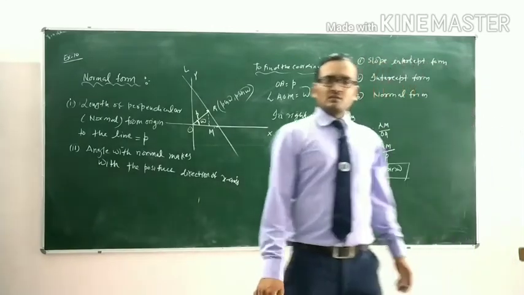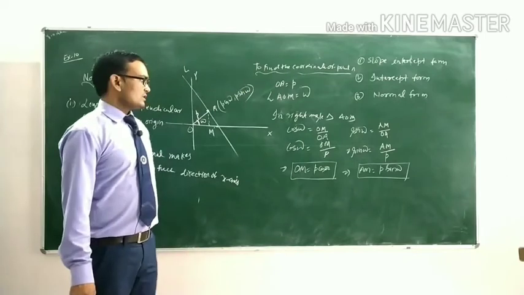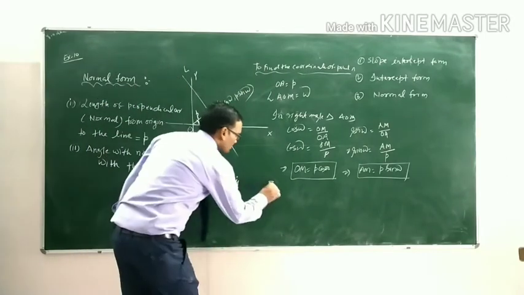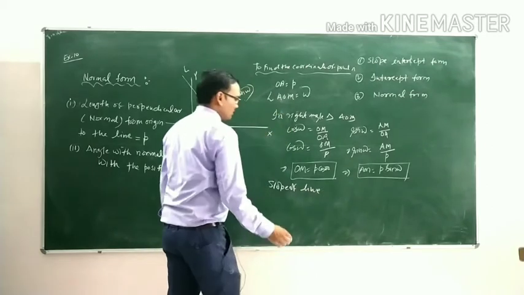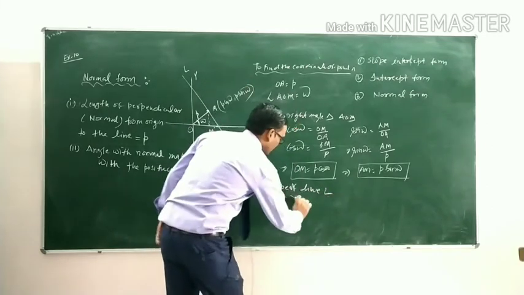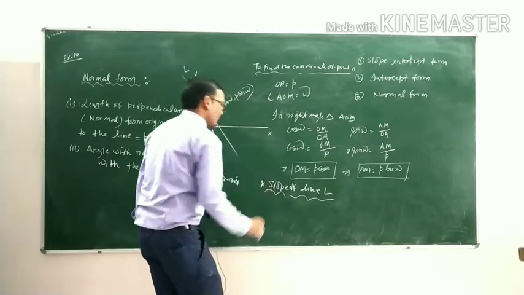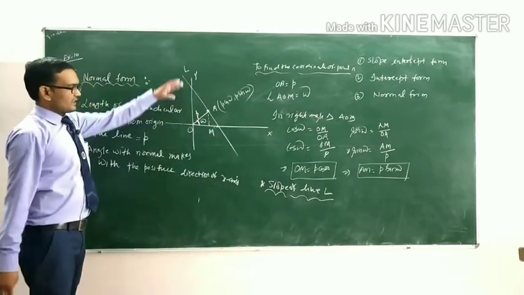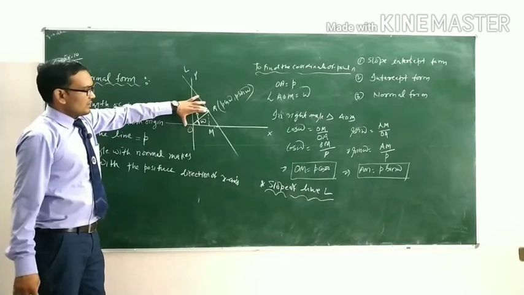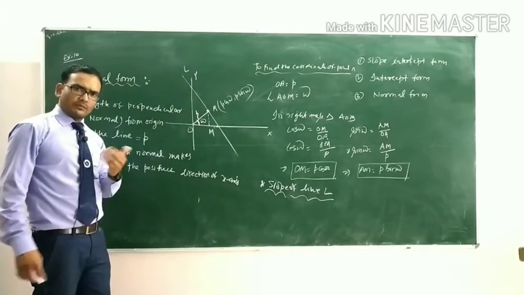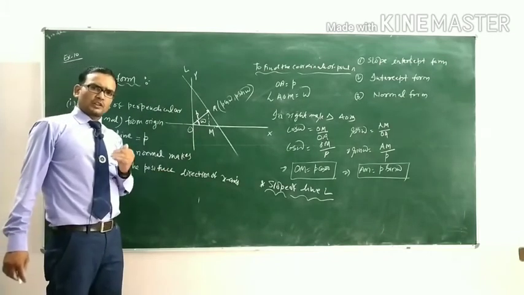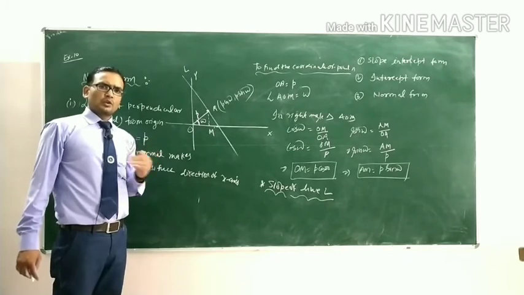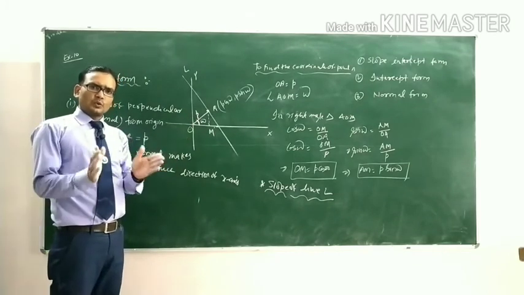Next we find the slope of line L. Our next target is the slope of the line L. If we find the slope of line segment OA, then we also find the slope of the line L, because both lines are perpendicular to each other.